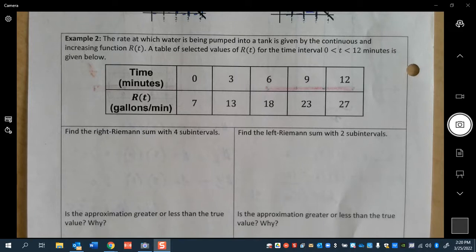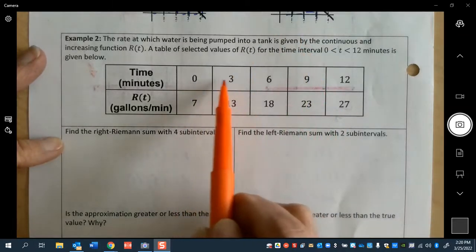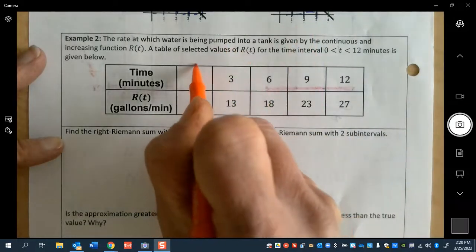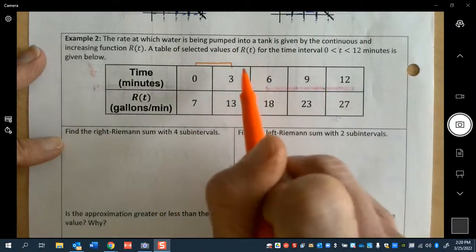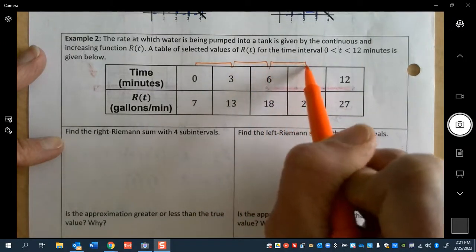So if we want to find the right-hand sum with 4 sub-intervals, let's talk about how our intervals work. From 0 to 3 is 1 sub-interval. From 3 to 6 is 1. From 6 to 9 is another.